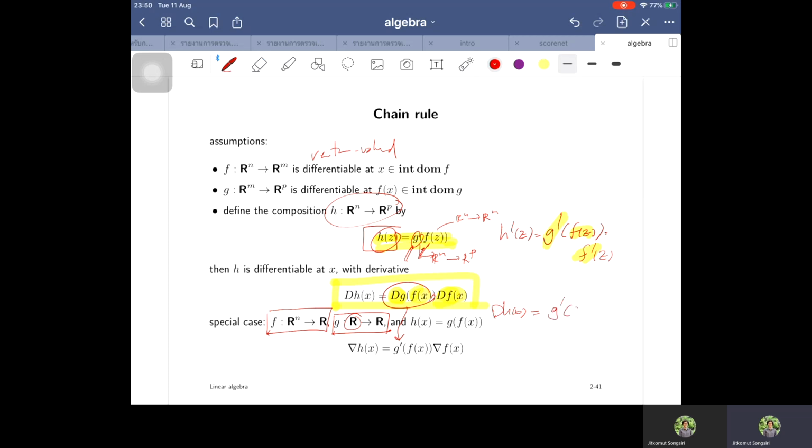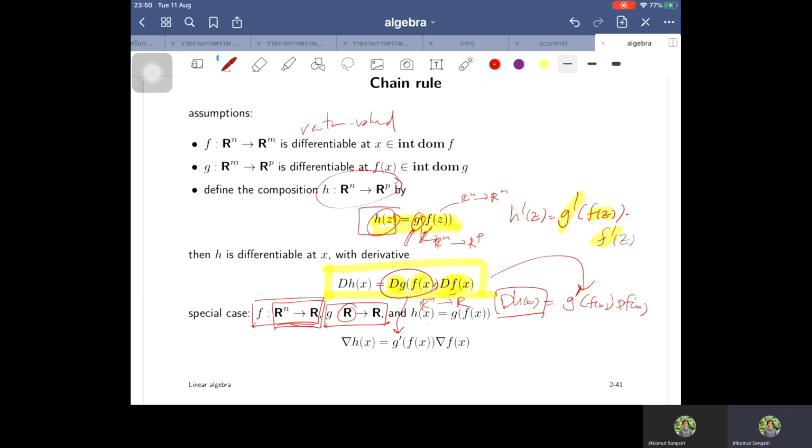So it's going to be G prime multiplied with Fx and dF, apply the chain rule. But because F is a mapping from Rn to R, which means the Jacobian is a row vector.